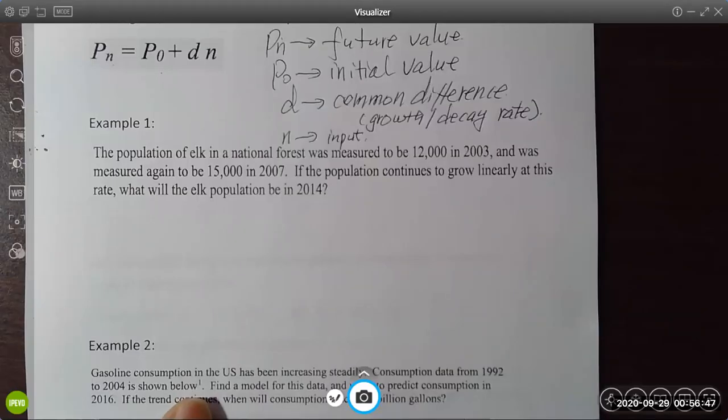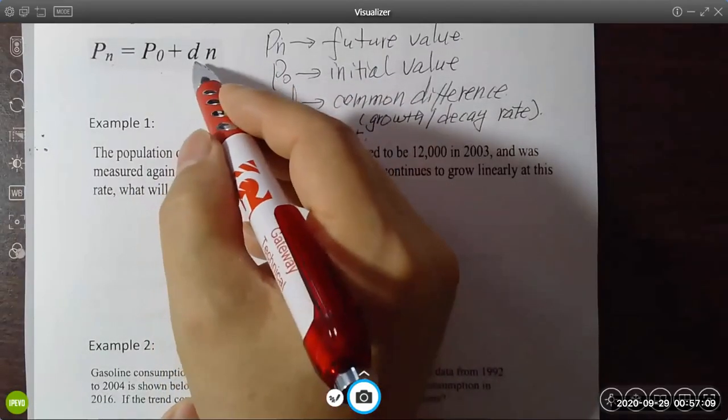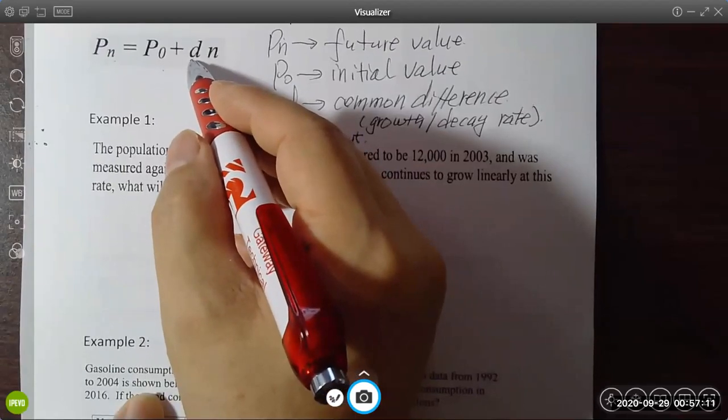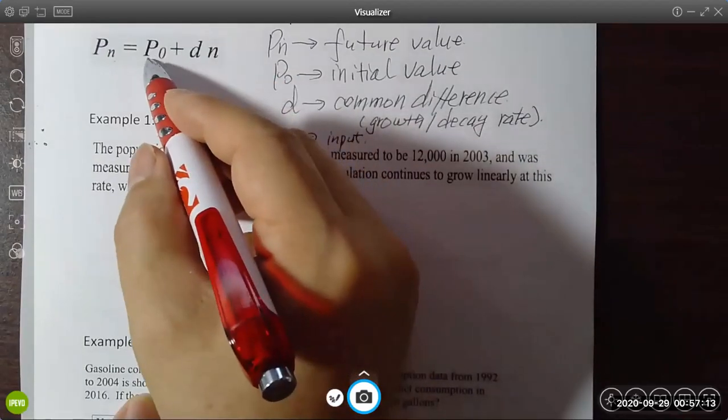It's not a percentage. So put it together: if the change is a constant amount, no matter increase or decrease, that's the characteristic of a linear model. So try to remember that. That makes it very easy for you to identify if you have a linear model or not. So this number is a growth rate in terms of amount, and this is the initial value.